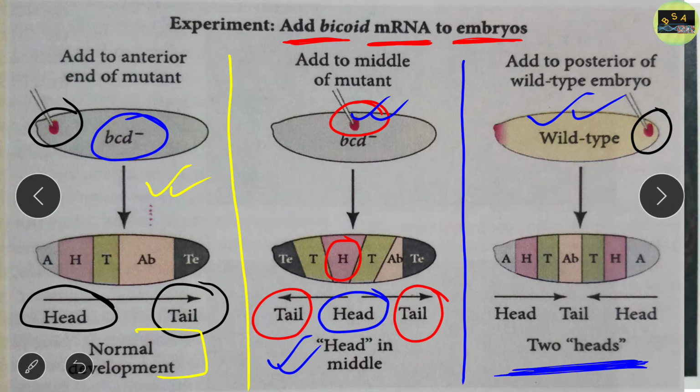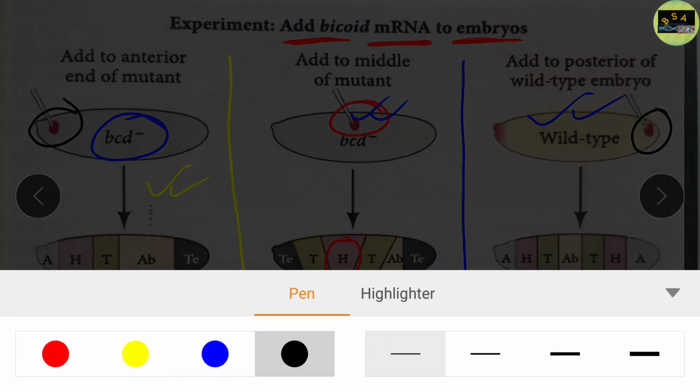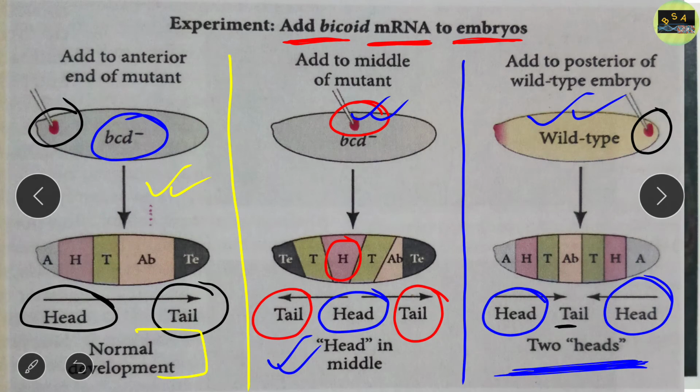One head in the anterior part, as it is a wild type embryo, and due to the injection of the bicoid mRNA at the posterior part, it will become head, and the tail will generate in the middle. So students, I hope you get a clear idea about bicoid mRNA and how it acts as an anterior morphogen.